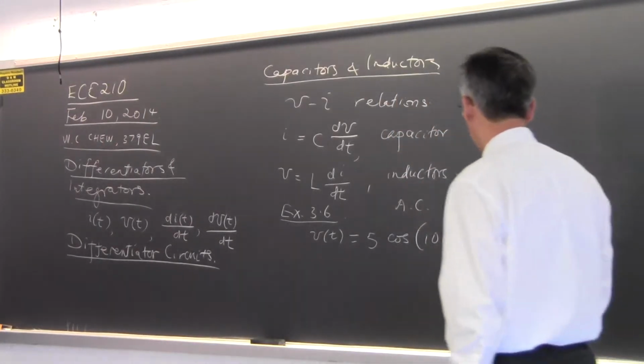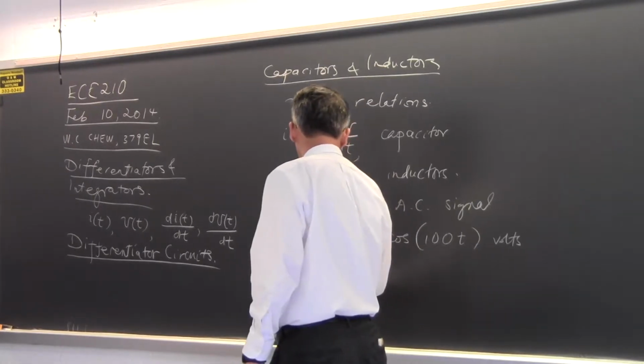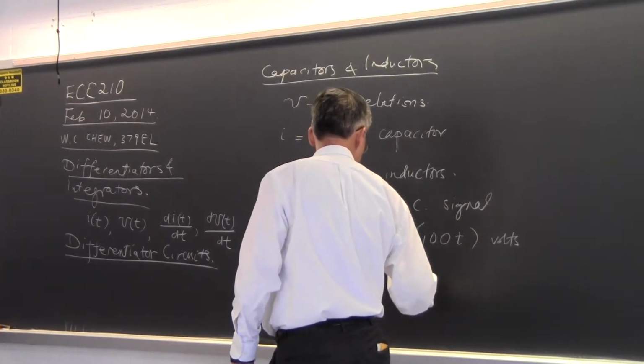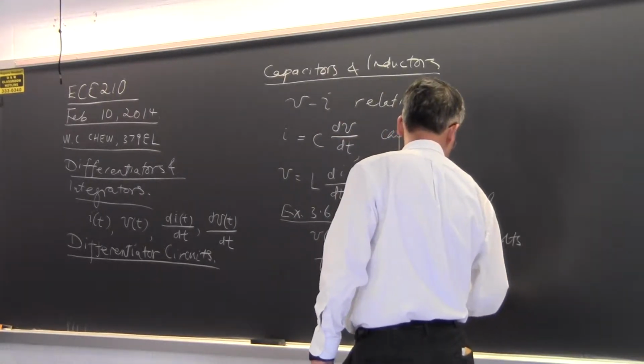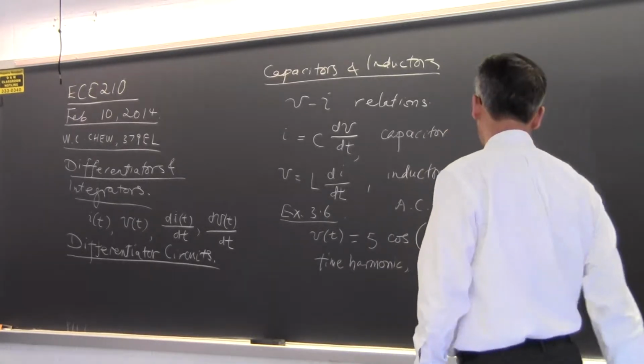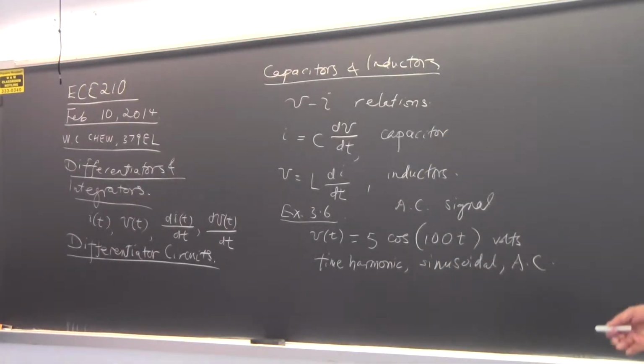So they're given different kinds of names. Sometimes they're called time harmonic, sinusoidal, AC. AC stands for alternating current signals.